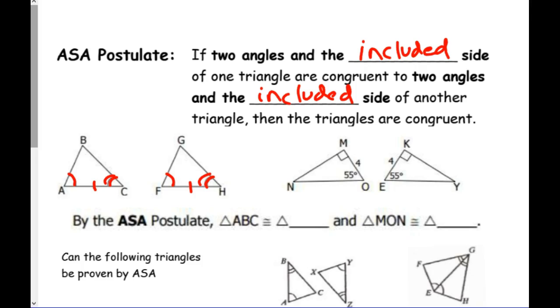Right? Right? Even if there's numbers. I have the right angle first. So angle. And then 4 and 4 is a side. And then 55 is an angle. Angle, side, angle. Okay?